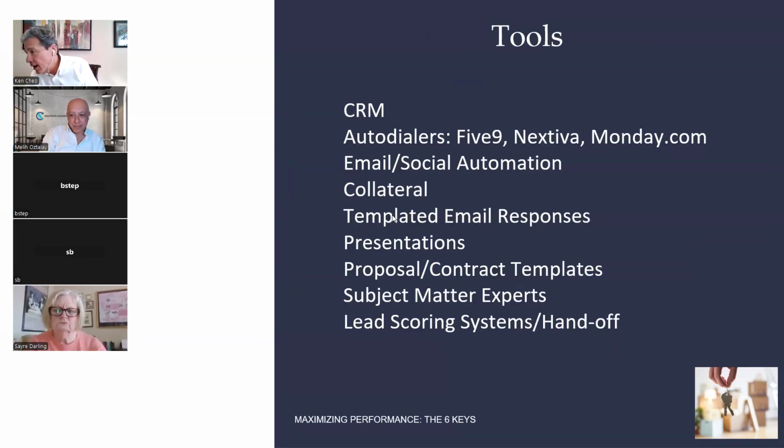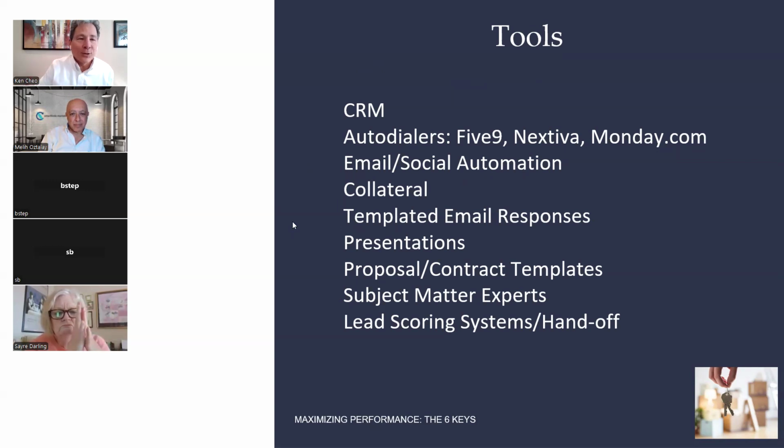So we're running out of time, but basically, make sure that you're using a CRM and you have it set up the right way. There are auto dialers now that are becoming a lot more effective, as well as email and social automation.